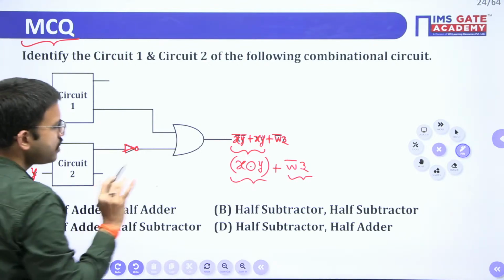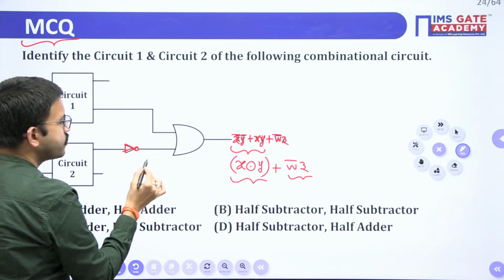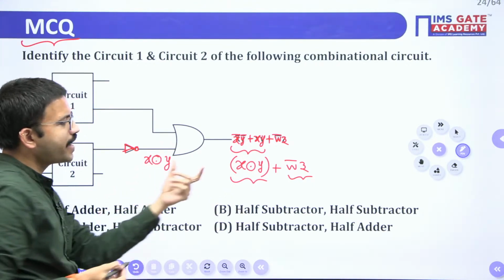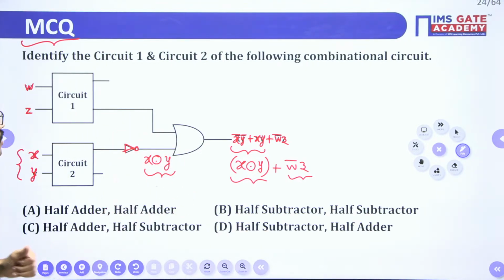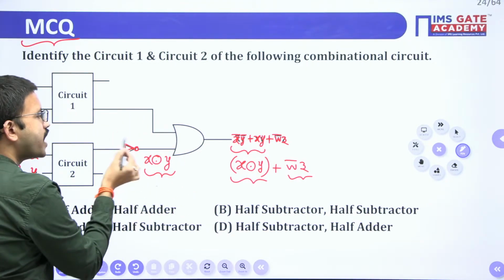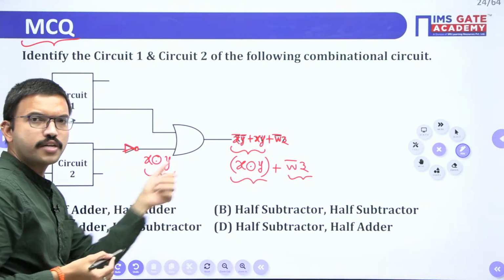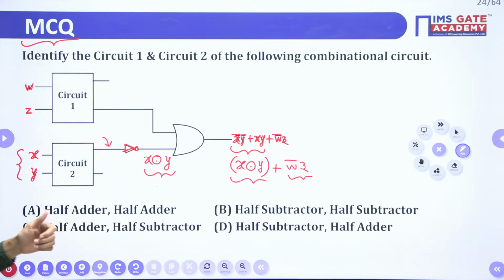So from this particular output expression regarding XY, we are having the corresponding term as X exclusive OR Y. Now you are having a NOT gate. NOT gate output is exclusive OR. That means NOT gate input is what? All of you quickly respond.